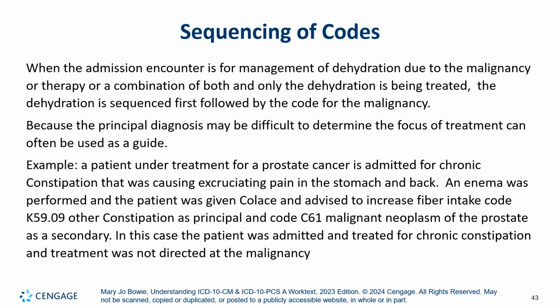So what is coded as principal is your constipation, K59.09, then your C61 for your prostate cancer. So in this case, they were admitted and treated for chronic constipation, and there was no treatment directed at the malignancy.